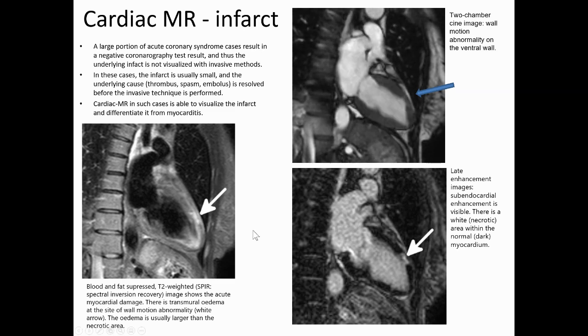And then, because up to now the suspicion of an infarct is quite high, but we need to prove it, the way to prove it is to give the patient contrast.